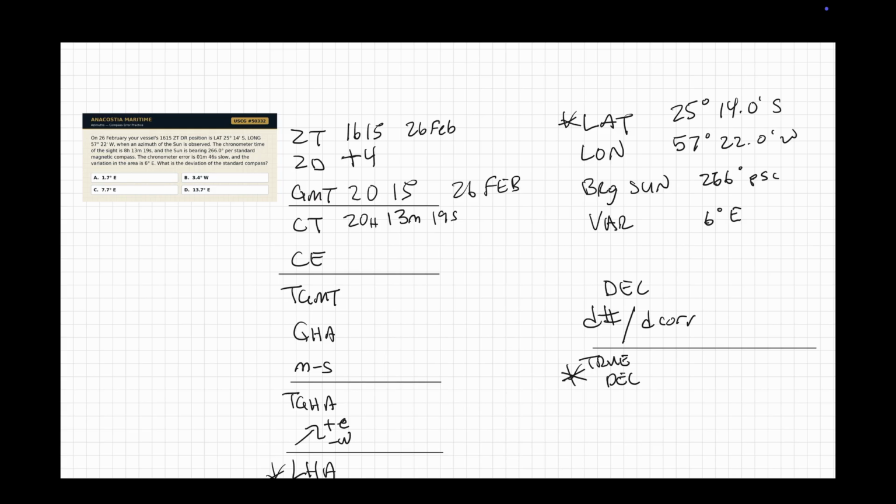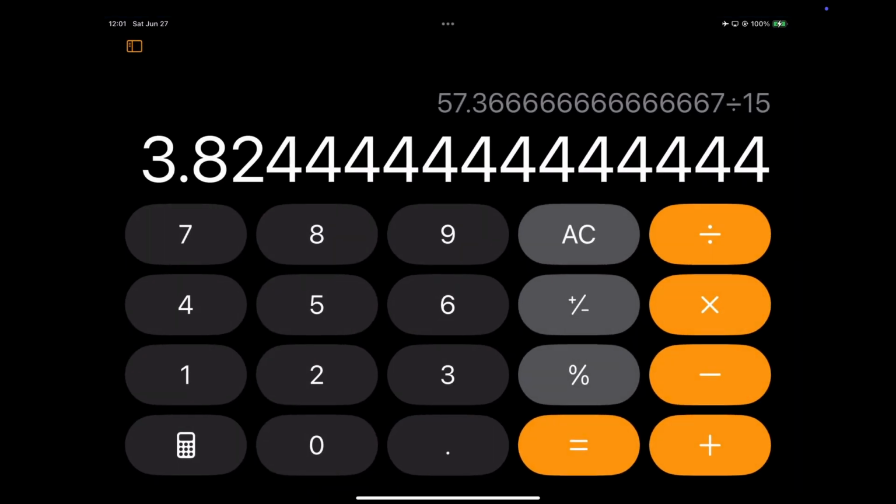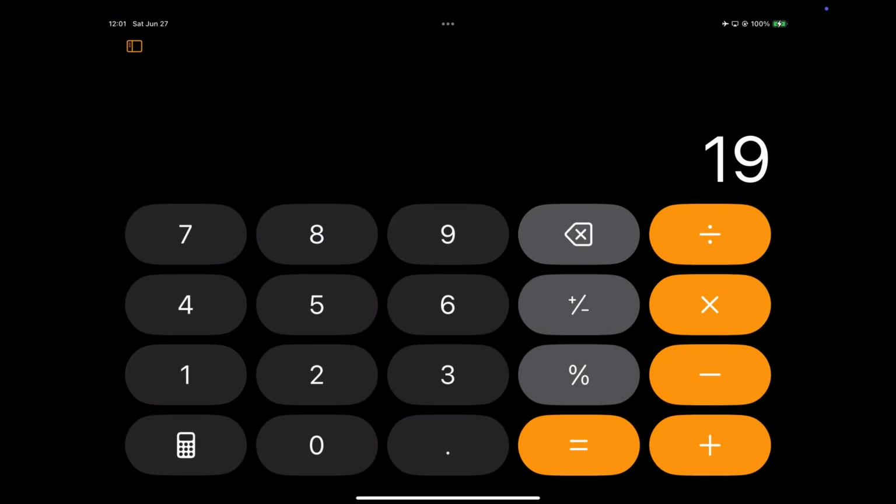All right, chronometer error is 1 minute, 46 seconds slow. And slow means add, all right? Fast means subtract. Okay, 19 seconds plus 46 seconds. 19 plus 46 equals 65.